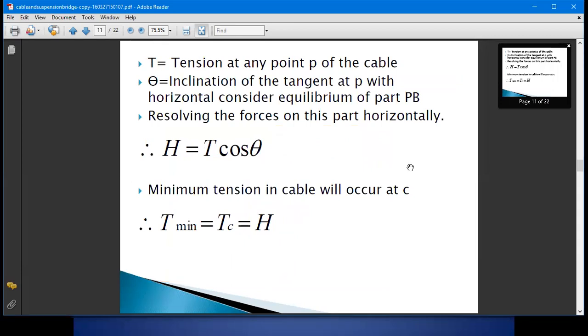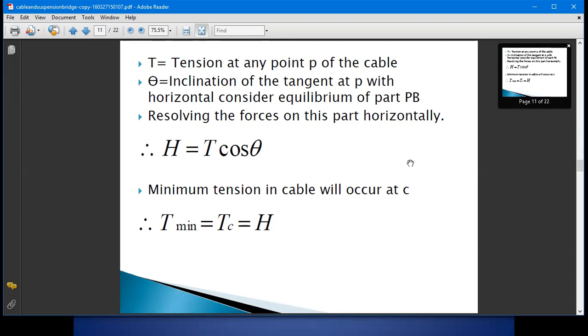So minimum tension in the cable will occur at point C, that is nothing but H. After resolving at point C, there is tension horizontal to the left and horizontal reaction to the right. They are balancing, so that's why it is equal. And at the support it is maximum.